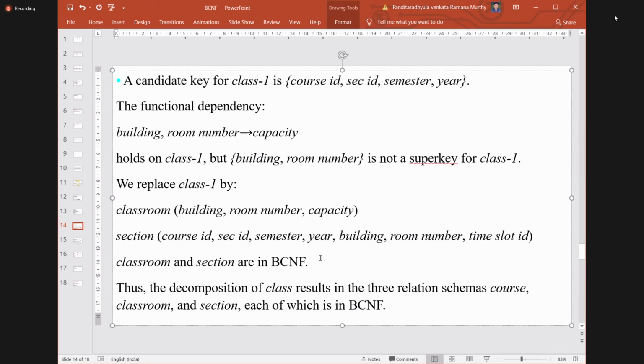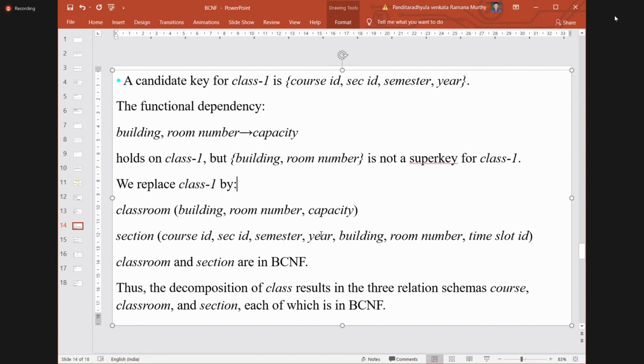This is the way the given table is turned into a number of subtables, and each and every subtable either has trivial functional dependencies or has a super key on the left hand side, where alpha is a super key. We need to divide these particular tables.